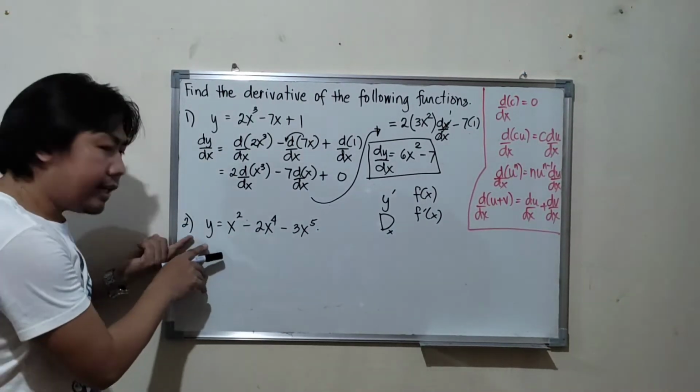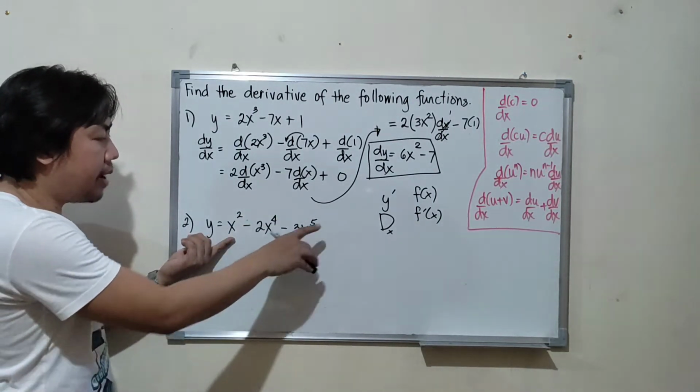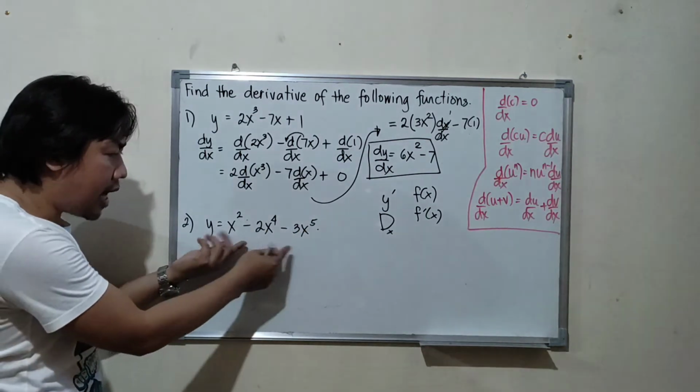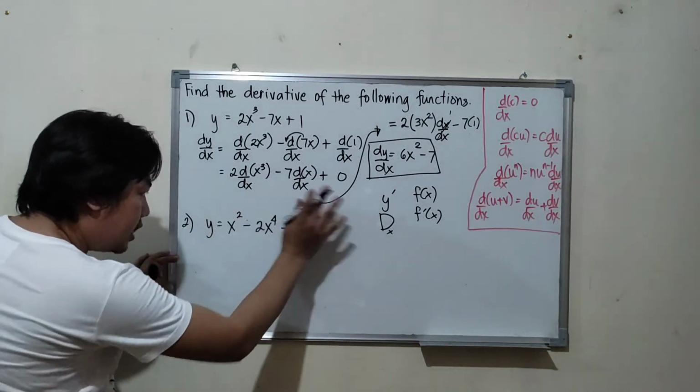Okay, so another example, number 2, y equals x squared minus 2x to the fourth minus 3x to the fifth. So again, meron tayong sum or difference. So just distribute the derivative.